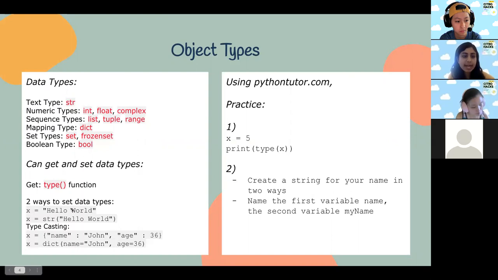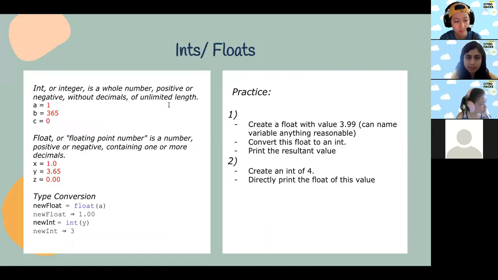If you try that with hello world as well, but typecasting it with a string and then printing x, like here, the same thing should be returned back to us.